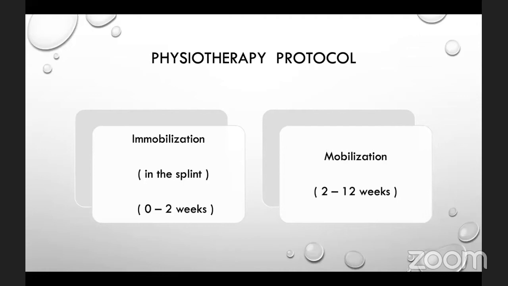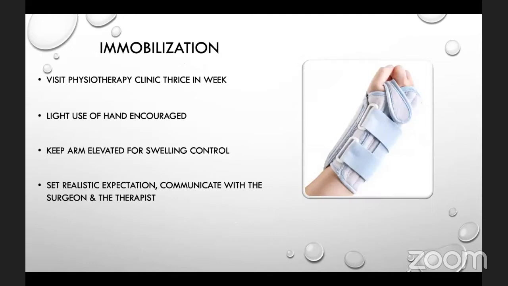I divided my physiotherapy protocol into two parts: the immobilization phase, 0 to 2 weeks, and mobilization, 2 to 12 weeks. So let's start with immobilization. On the first day, I told him he has to visit the physiotherapy clinic thrice a week, and do very light use of his affected arm.